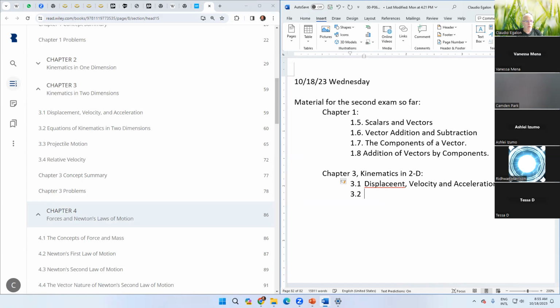Equations of kinematics in 2 dimensions. 3.3, projectile motion. 3.4, relative velocity.